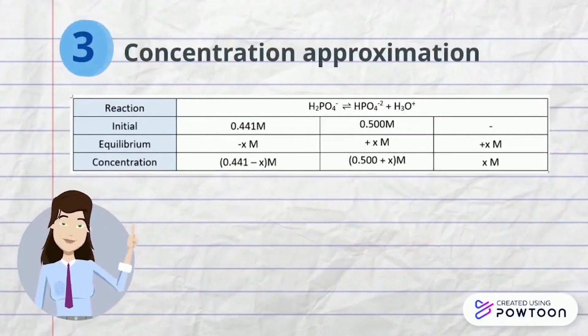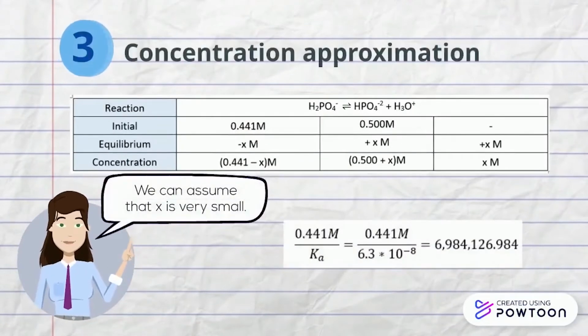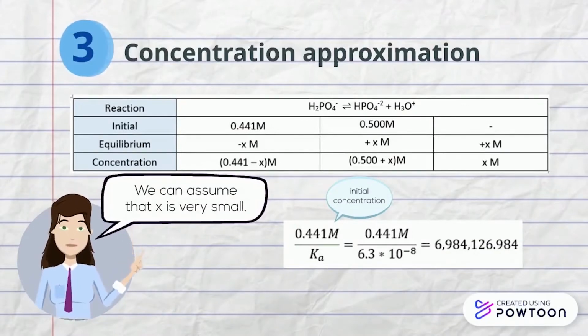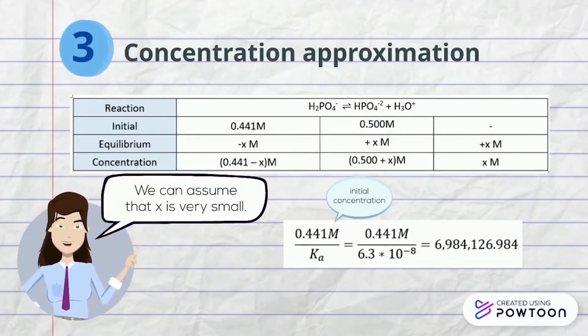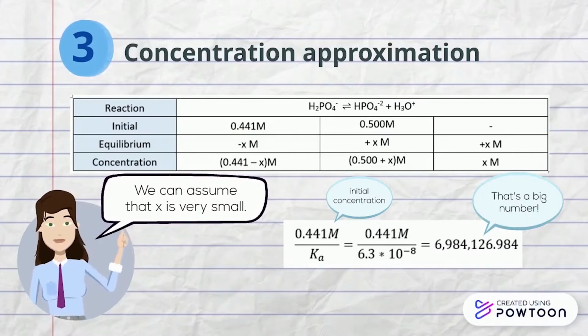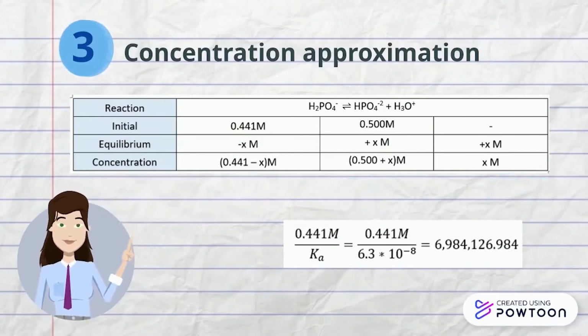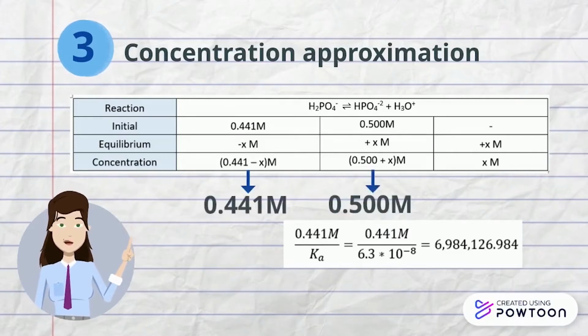However, we can assume that X is very small, as shown by this calculation of the ratio between the initial concentration of H2PO4- and its Ka, which gives us a very large number. Therefore, we can approximate the final concentration of these ions to just 0.441 and 0.500 molar. Later on, we will find this assumption to be valid as X will be very small.